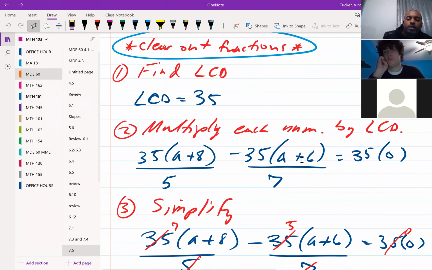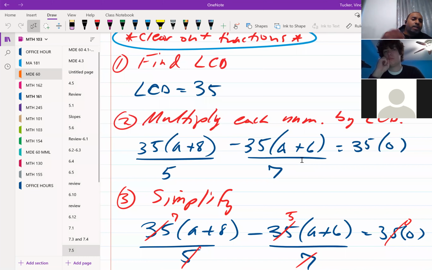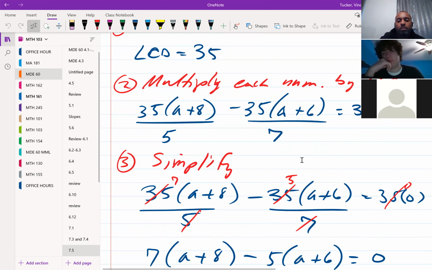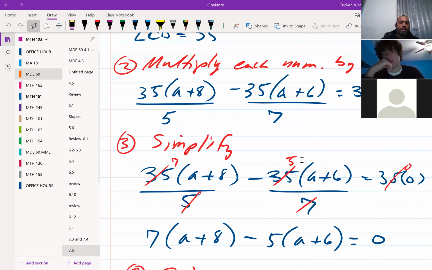All right, next up is to simplify. Remember, our goal is to clear out the fact that we have fractions. So we want to get rid of the 5 and the 7 that's in our denominator. So that 5 can divide into 35, and leave you with 7. That 7 can divide into 35 and leave you with 5. And of course, 35 times 0 is 0. So this is what we have. 7 times a plus 8 minus 5 times a plus 6 equal to 0.